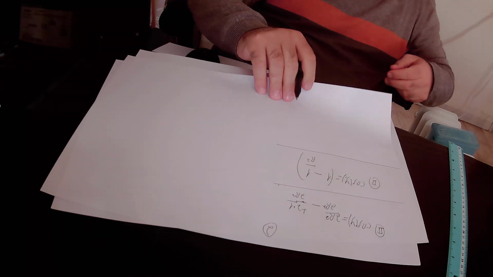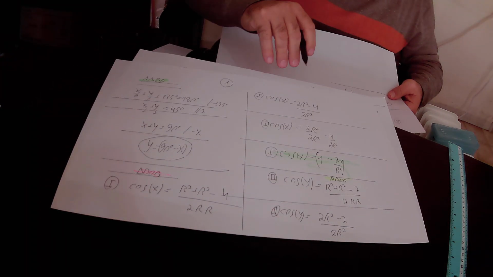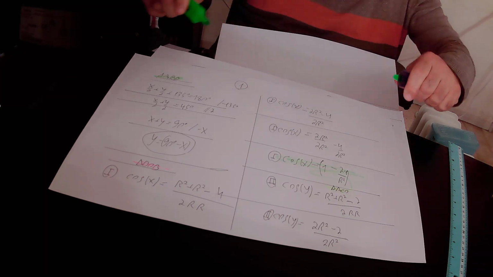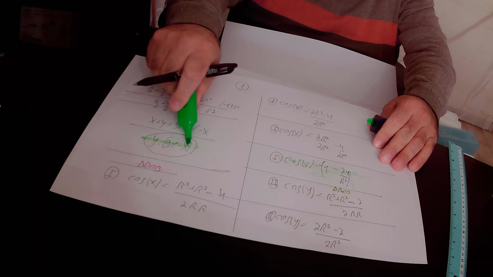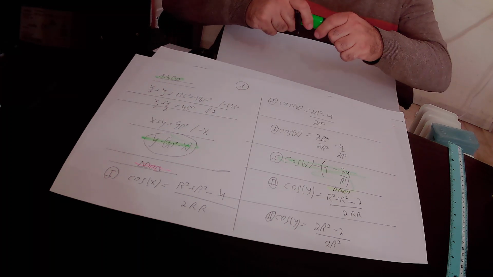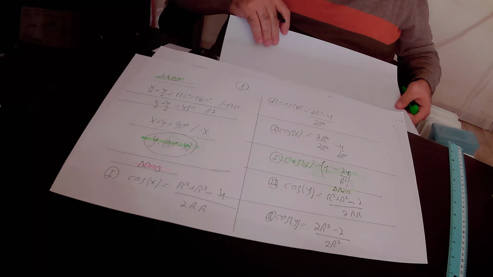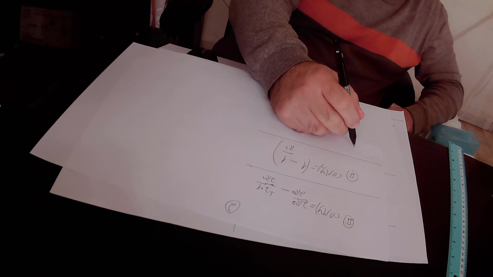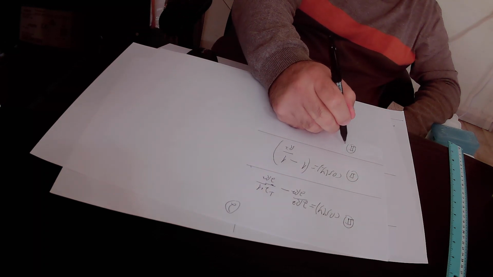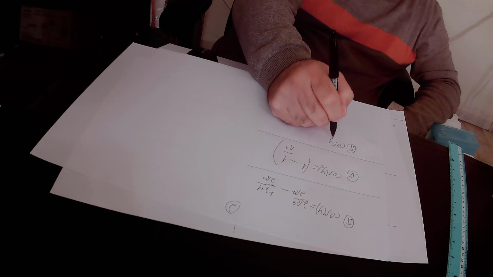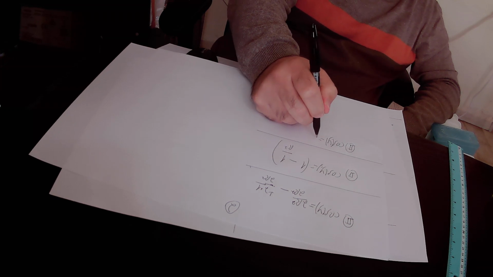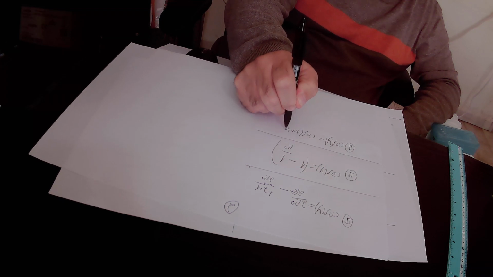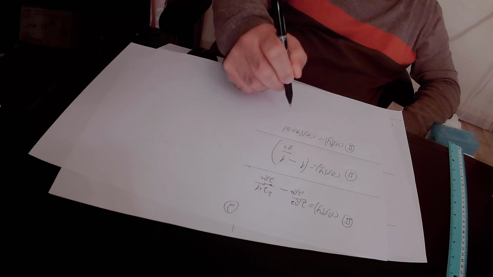We have already found out that y equals 90 degrees minus x, therefore we substitute y in this equation number 2 by 90 degrees minus x. We'll do it now. We get that cosine y equals cosine of 90 degrees minus x.